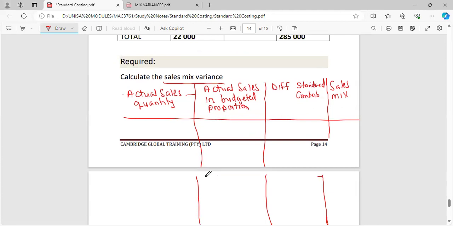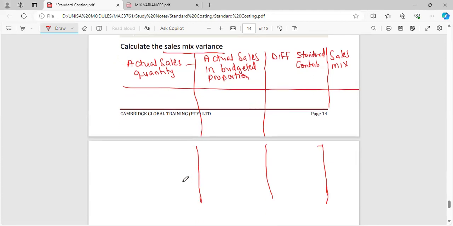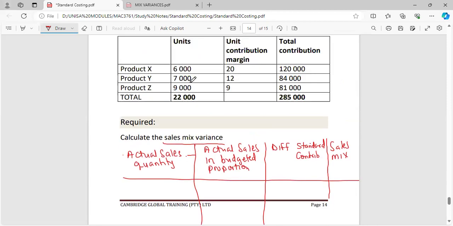Right, so for our actual sales quantity, let's check the question.